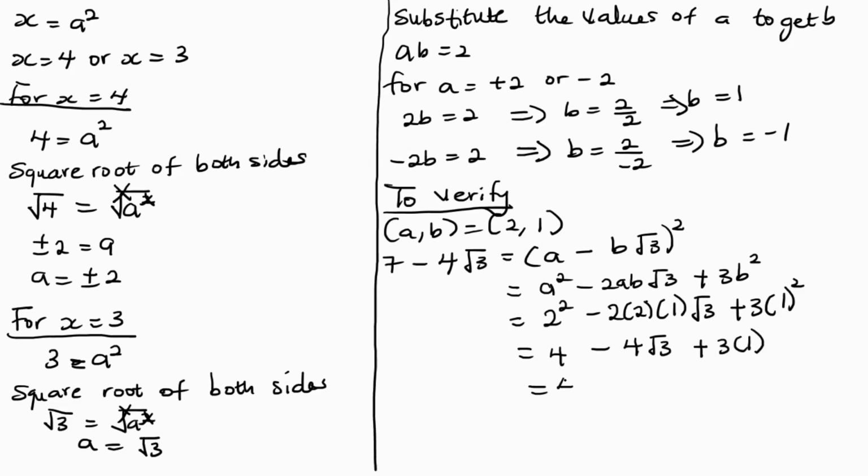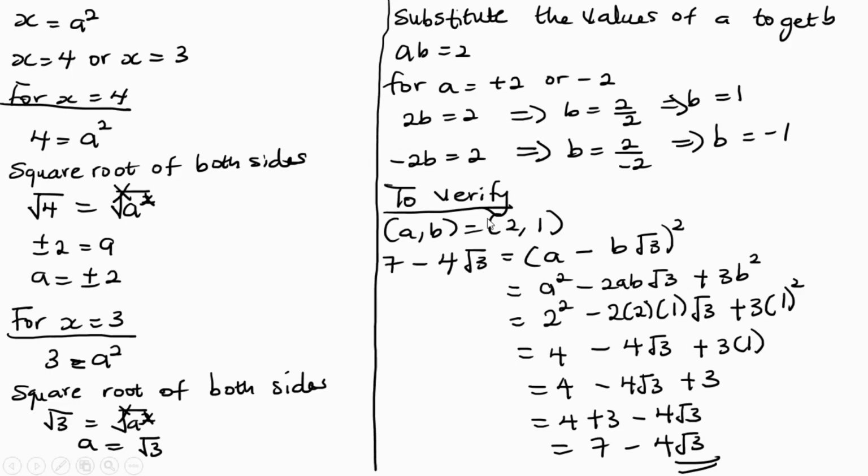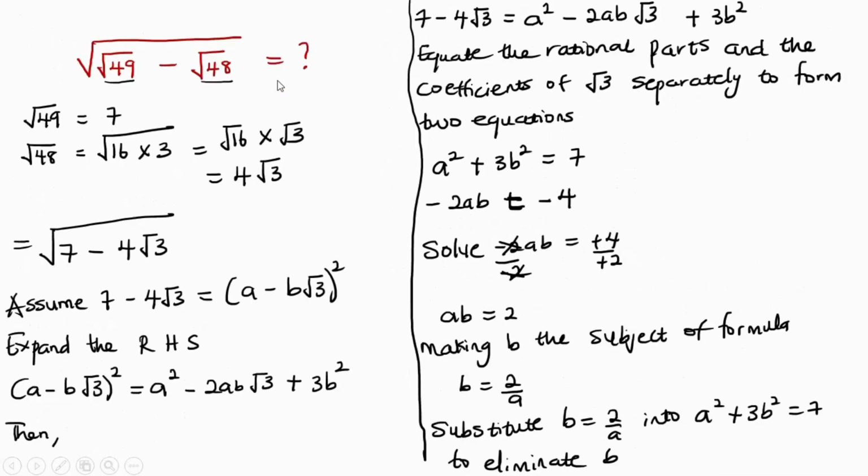So this is equal to 4 minus 4 root 3 plus 3. So this is equal to 4 plus 3 minus 4 root 3, which is equal to 7 minus 4 root 3. So this shows that the pair 2 and 1 gives us this answer. So right here, guys, we have been able to solve this question.